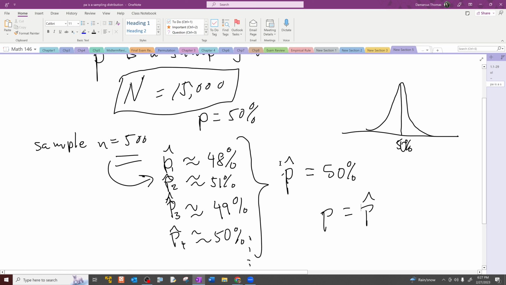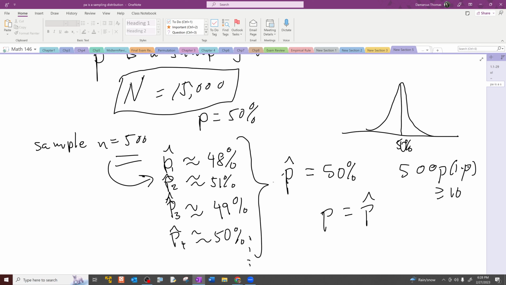The other thing is that the sample size, let's say 500, times p times 1 minus p must be greater than 10.